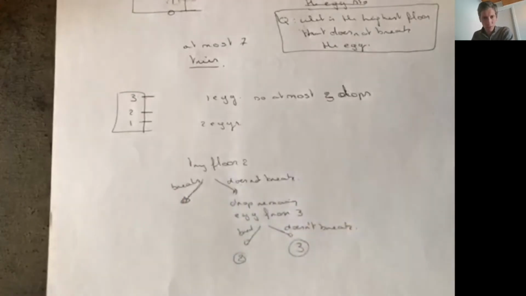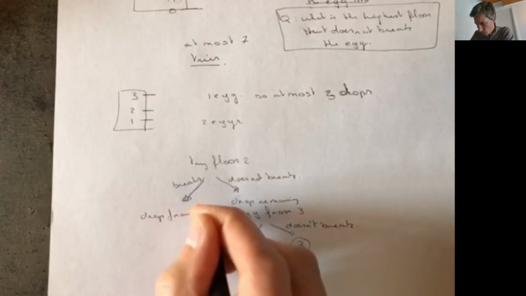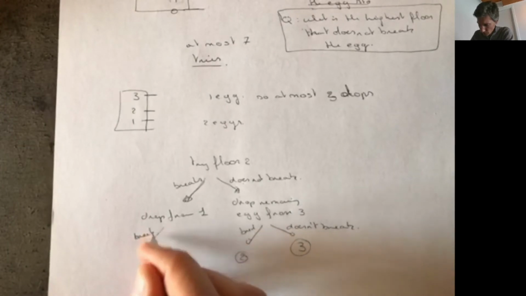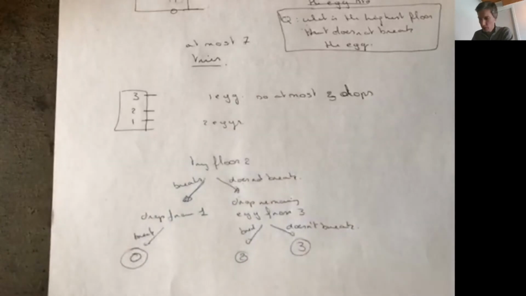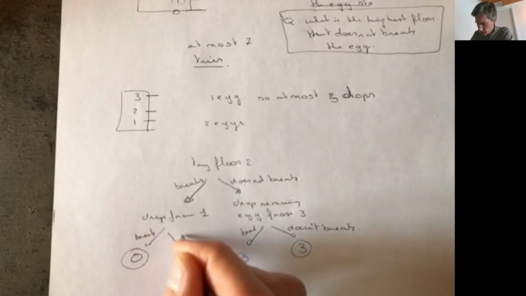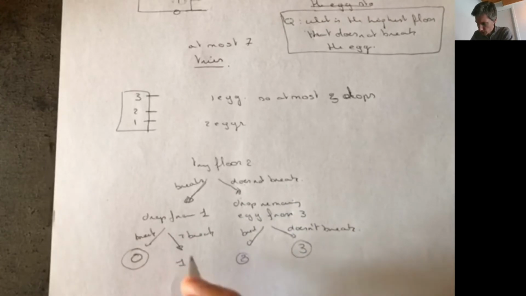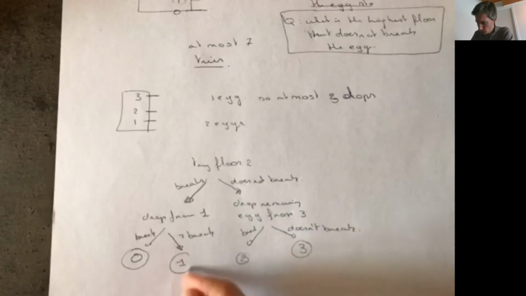But here, because I have 1 egg left, I can drop it from floor 1, and then again it can break, and my answer will be that the highest floor from which the egg doesn't break is the 0th floor, and if it doesn't break, well, then I know my answer is 1 because it didn't break from floor 1 and it breaks from floor 2.